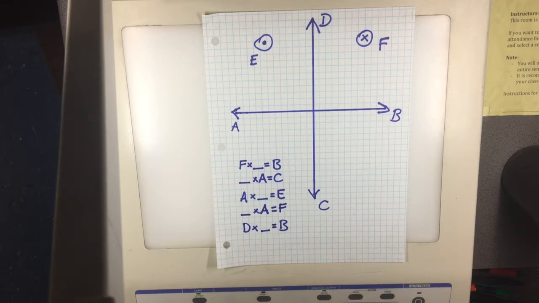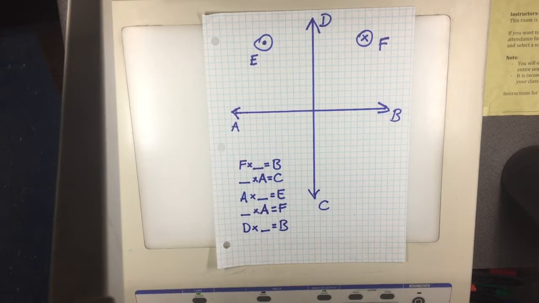So let's do it incorrectly. I'll show you how incorrectly. If we start with into the page, or F, A is still this way, so the thumb would point towards D. That's not the answer that we want. We want C. So what you do is you flip your direction.